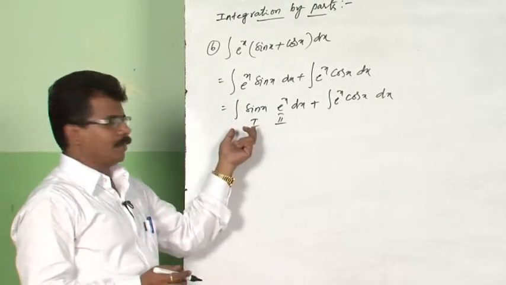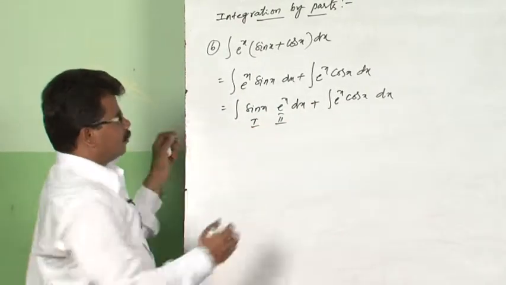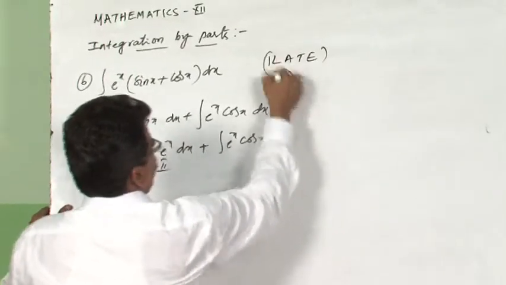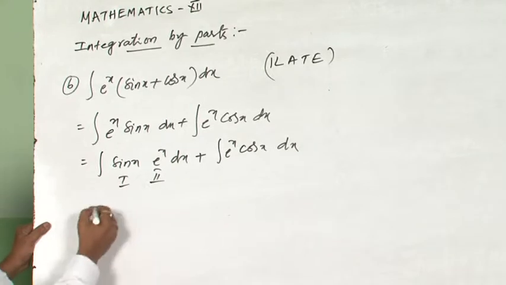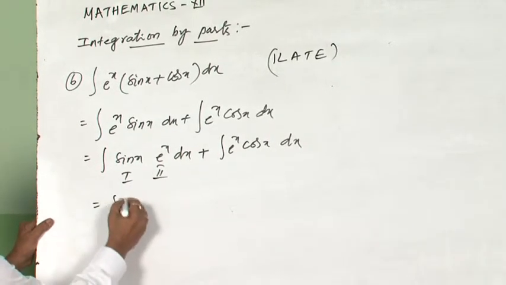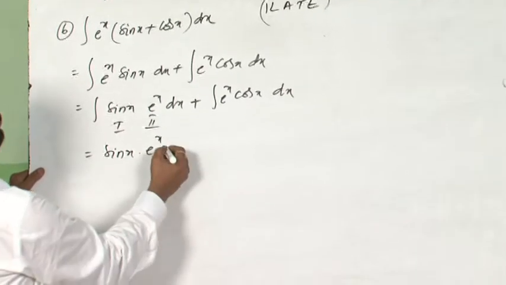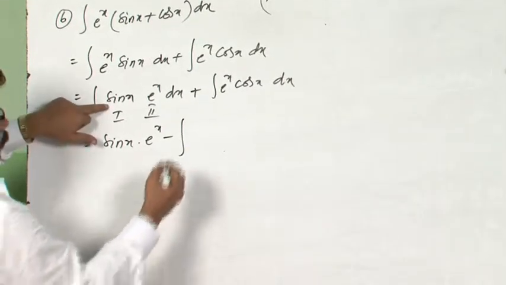Here I have to apply the ILATE rule, and also please check whether the ILATE formula is followed or not generally. That is equal to sin x first function, integration of second function is integration of e power x, minus integral derivative of first function.